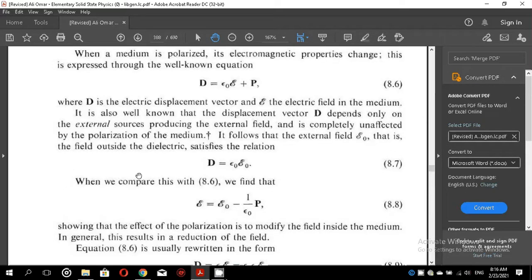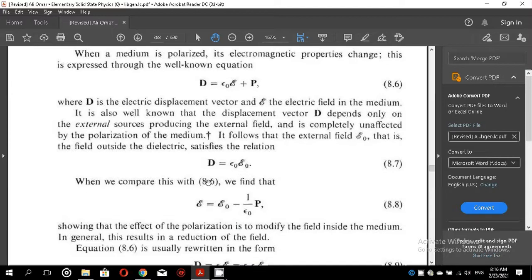It is also well known that the displacement vector capital D depends only on the external sources producing the external field, and is completely unaffected by the polarization of the medium. It follows that the external field E naught, that is the field outside the dielectric, satisfies this equation, that D is equal to epsilon naught into E naught.